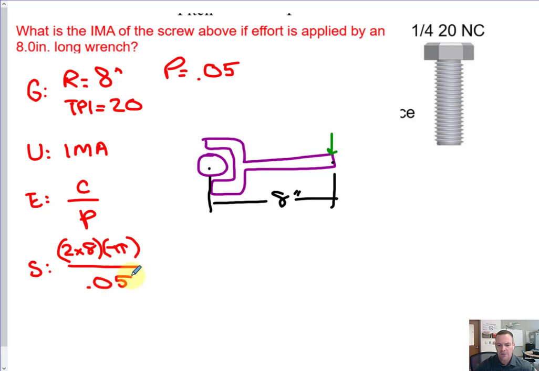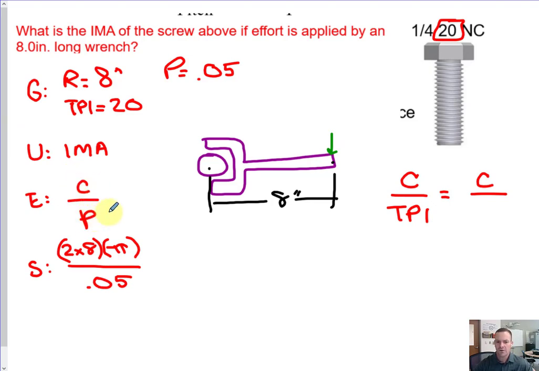Now, let's pause for a second because what's important here is the most common mistake. The most common mistake is that students will do this as the equation, and they'll do circumference divided by this number. This number is TPI. That's not the equation. The equation is circumference divided by pitch.